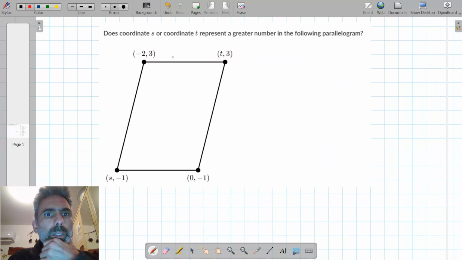Does coordinate S or coordinate T represent a greater number in the following parallelogram?